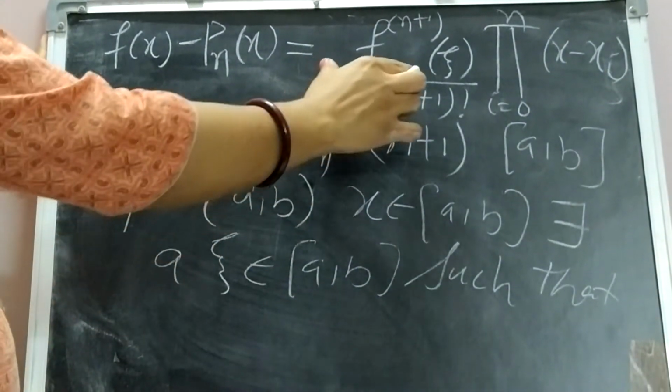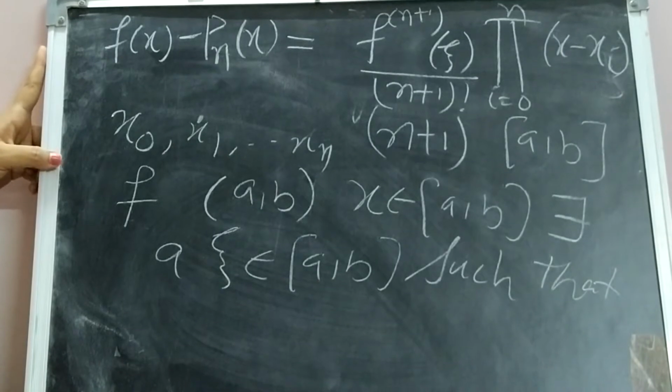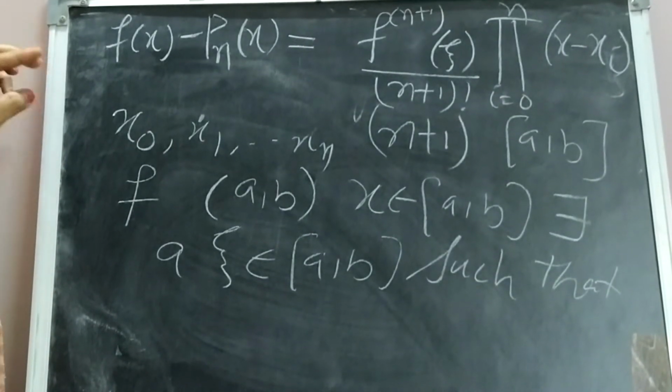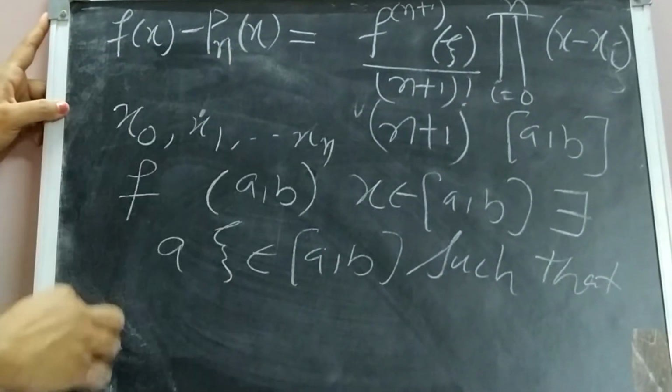So this is the formula we need to derive for interpolation error in nth degree polynomial.